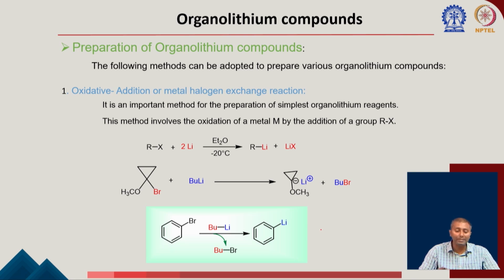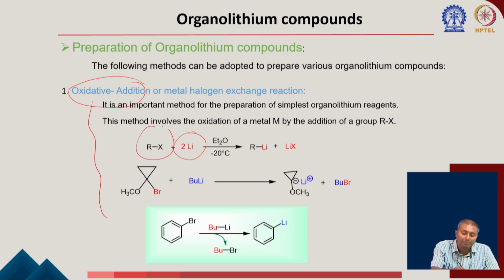One of the important methods for the synthesis of organolithium reagents is using a metal halogen exchange, or some books mention it as an oxidative addition. Let us try to understand what is happening. If you have an alkyl halide and you take lithium wire, which you can purchase, sold as lithium wire in kerosene, you can chop this lithium wire and do the reaction with alkyl halides to generate the corresponding alkyl lithium.